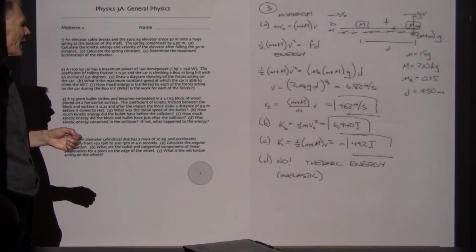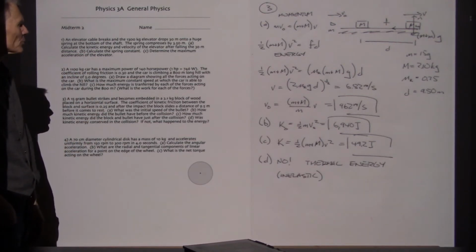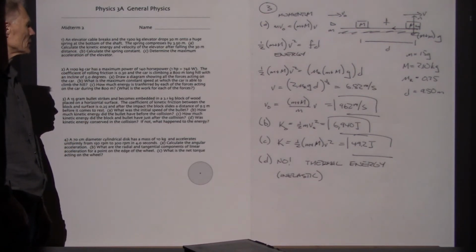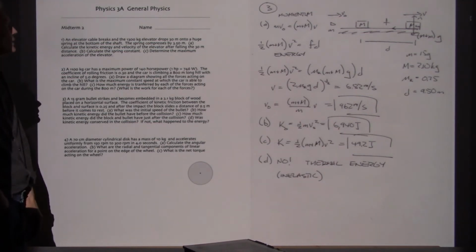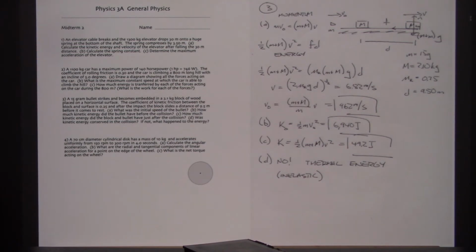Well, it looks like 6,891, something like that. So of that 6,940 joules, we only kept about 50. Almost all of the energy was lost in the collision. So lots and lots of thermal energy in this example. All right, questions on that?